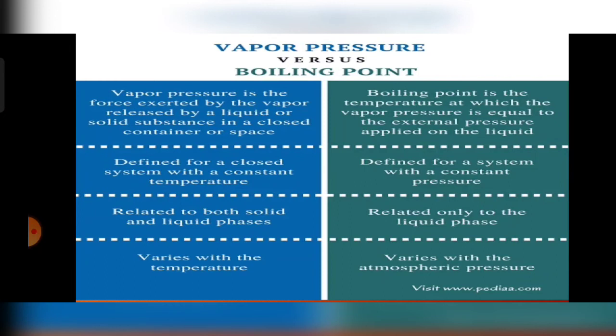Vapor pressure is related to both solid and liquid phases and varies with the temperature. Vapor pressure varies with the temperature, while boiling point varies with the atmospheric pressure. Boiling point is related only to the liquid phase, but vapor pressure is related to both solid and liquid phases.